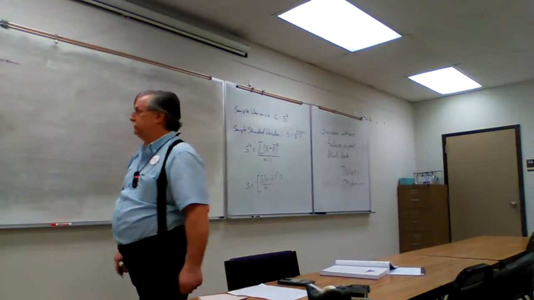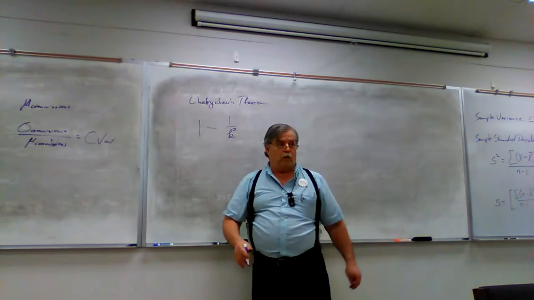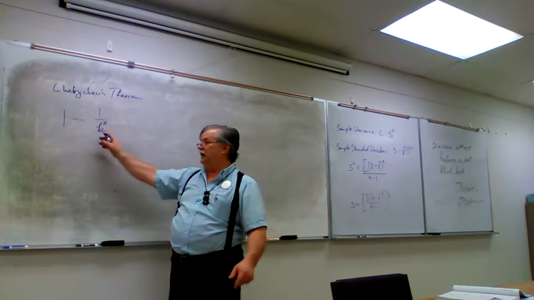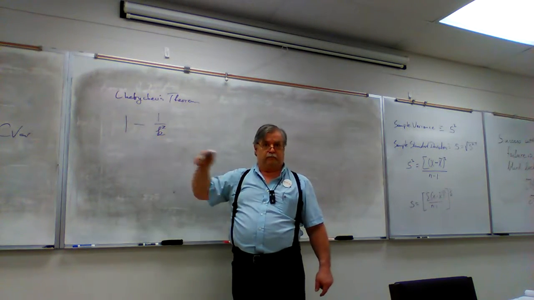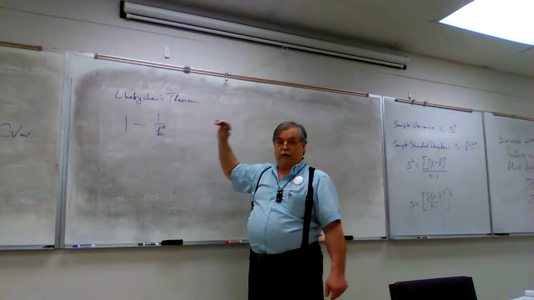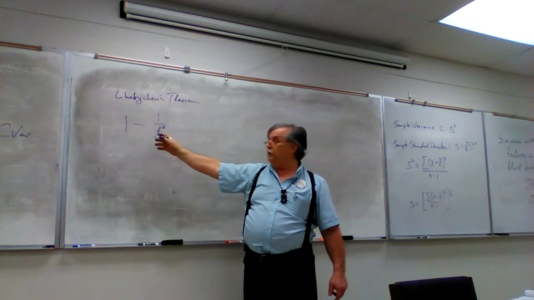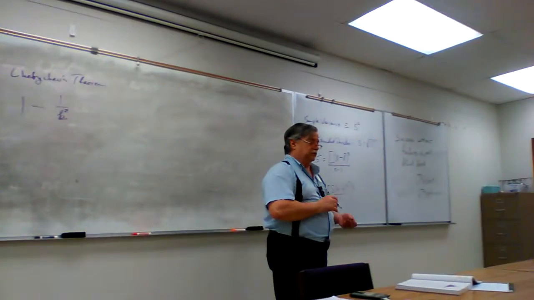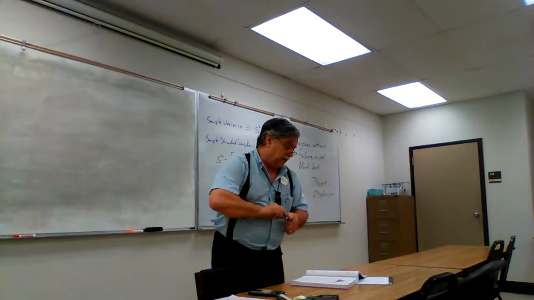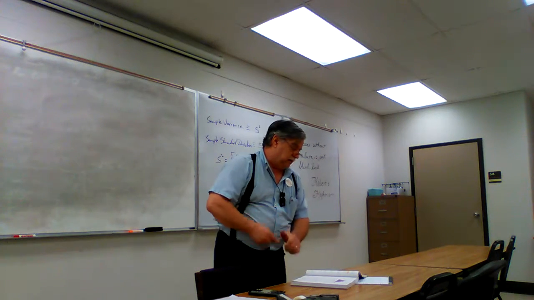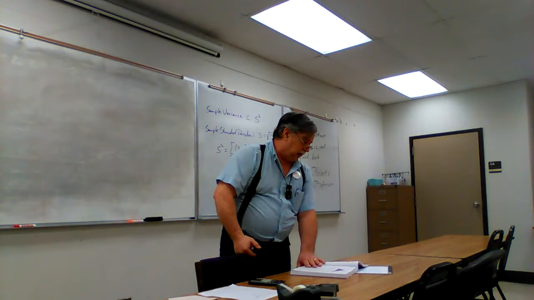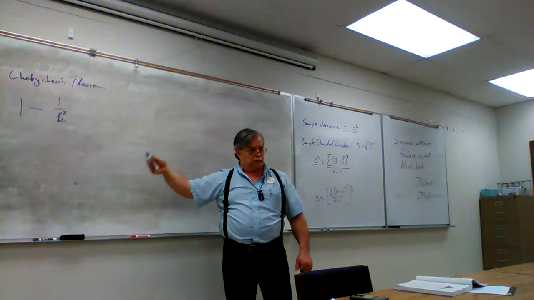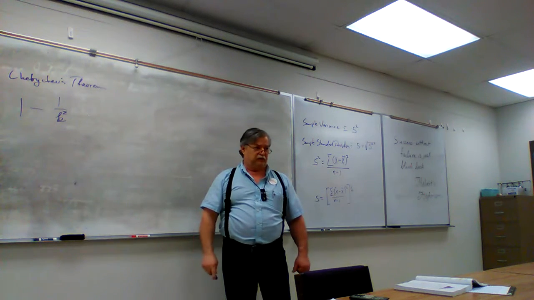So if you want to know what percentage of the data set will fall within K standard deviations, you square K, take the reciprocal, subtract it from 1, and that's your percentage. Or rather, your percentage will be at least that many. Might be more, but it will be at least that percentage.